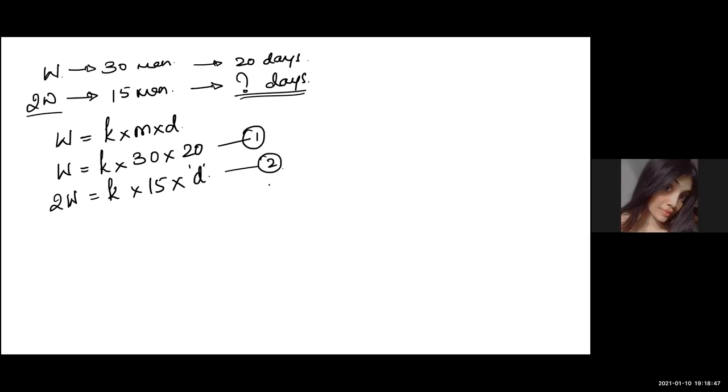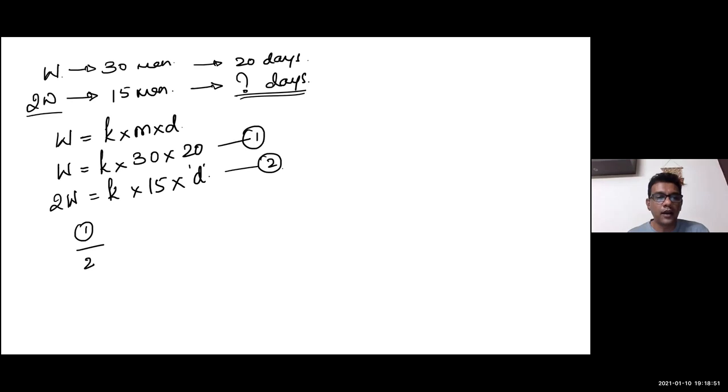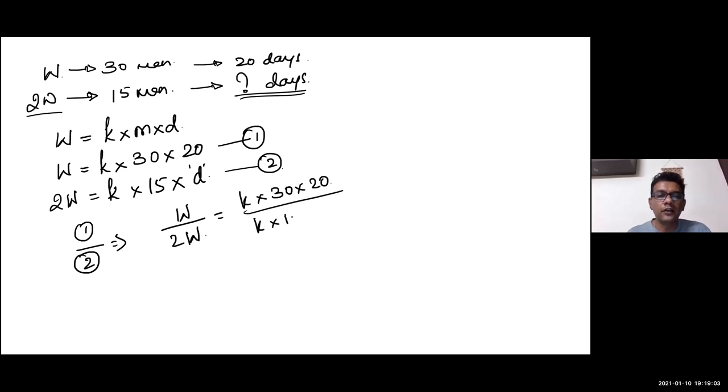So let's divide these two equations, 1 and 2. What do I get when I divide 1 and 2? W divided by 2W is equal to K into 30 into 20 divided by K into 15 into D. K and K cancel because it's common.